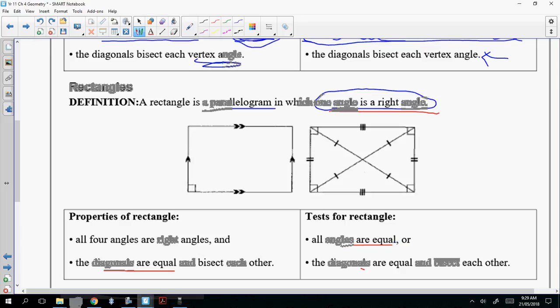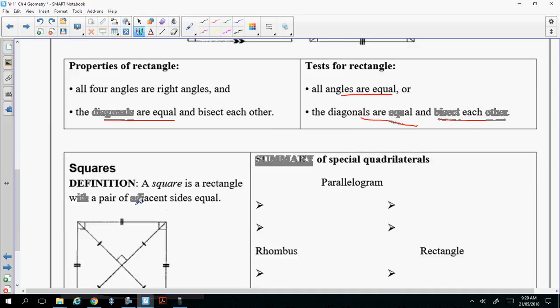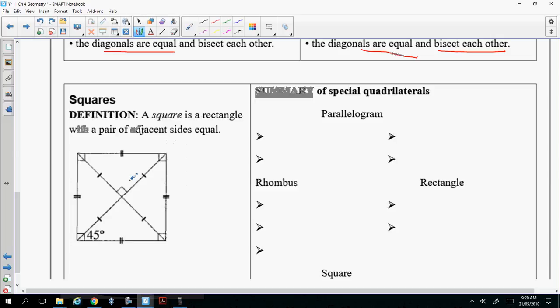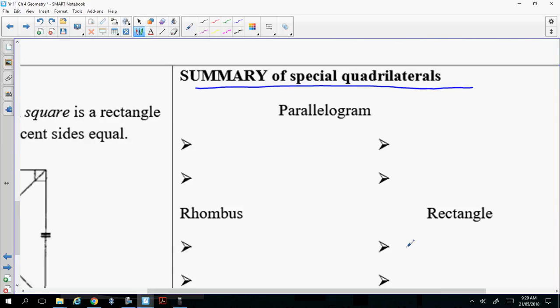Now, how do I remember all these properties? This is what we have to do: list the properties in this diagram. Summary of all the quadrilaterals. So let's start with the parallelogram. We've got opposite sides are equal. Opposite sides are parallel. And then the next one, opposite sides equal.